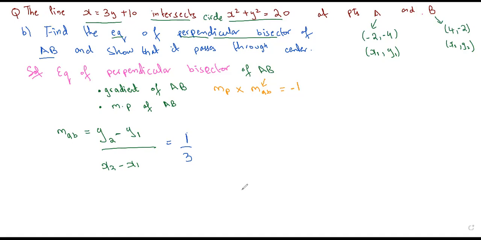Yes, Ishal, what would be the answer? You have to use this relationship. This is the gradient of the perpendicular bisector, and this is the gradient of AB, which turned out to be 1 by 3. So what would be the gradient of the perpendicular bisector? Any idea?